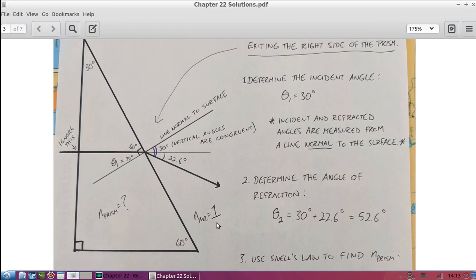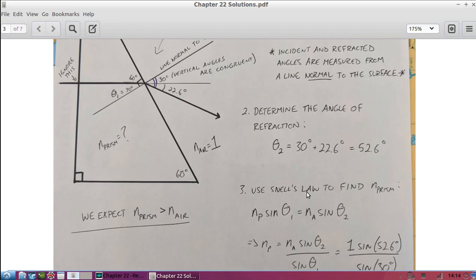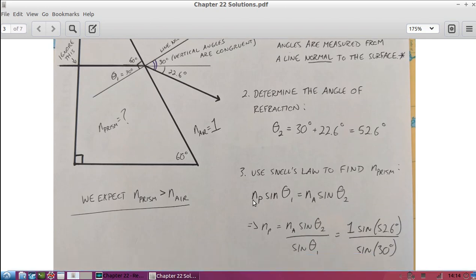I know the index of refraction for air, it's 1. And I know my incident and my refracted angles now. So I'm just solving for the index of refraction for the prism. So I have to use Snell's law. So the left side is the prism information, the index of refraction for the prism, and then the incident angle. The right side is for air, index of refraction for air, and refracted angle. I need to solve for the index of refraction for the prism.